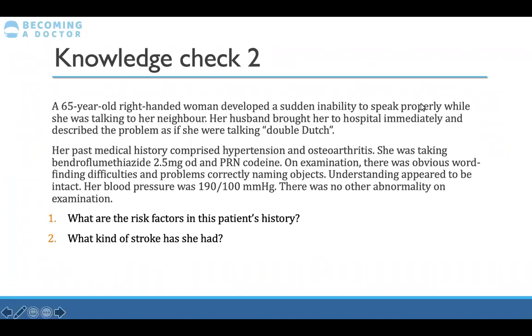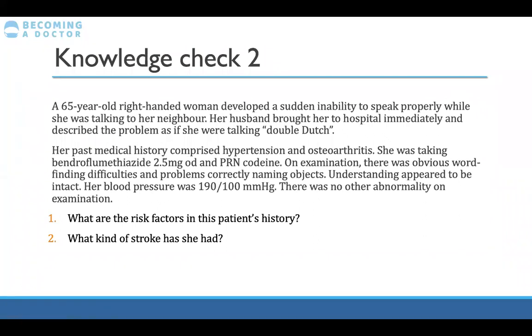Okay, so I have a couple of guesses saying total anterior and partial anterior. This lady has hypertension. She could have had a hemorrhagic stroke just from the history that we have.